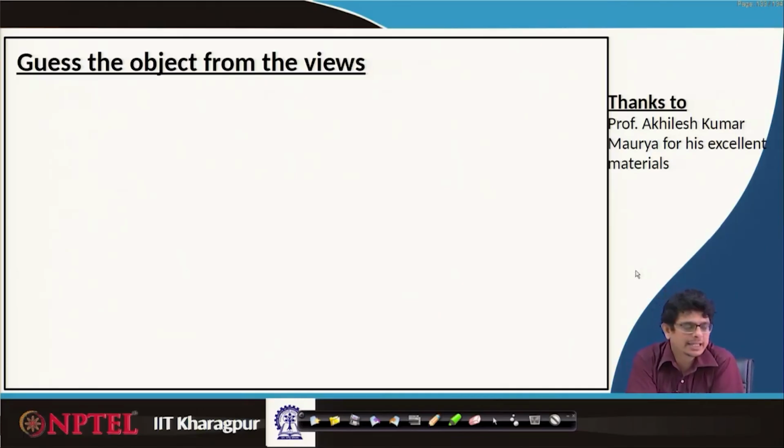Now, let us guess an object from the views. All the time from the object, we are trying to visualize what is the maximum size, maximum dimensions. From there, let us make front view, try to make projections out of it and represent it and connect the picture. Now, can we visualize the object from the given views? This is the exercise what you should really practice.